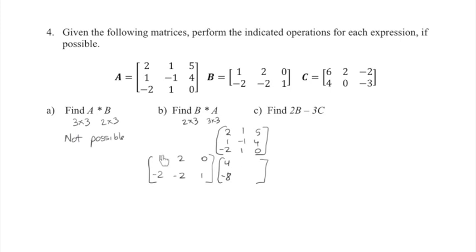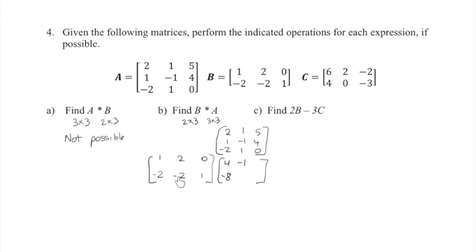This entry is a combination of that row with column 2. So we have 1 times 1, that's 1, plus negative 2, so 1 plus negative 2 is negative 1, plus 0. We have negative 1.